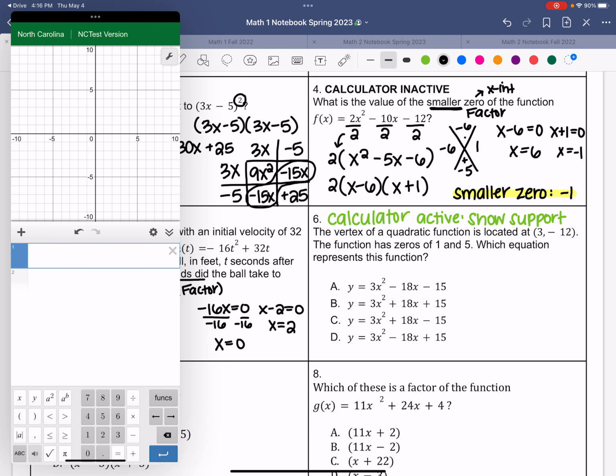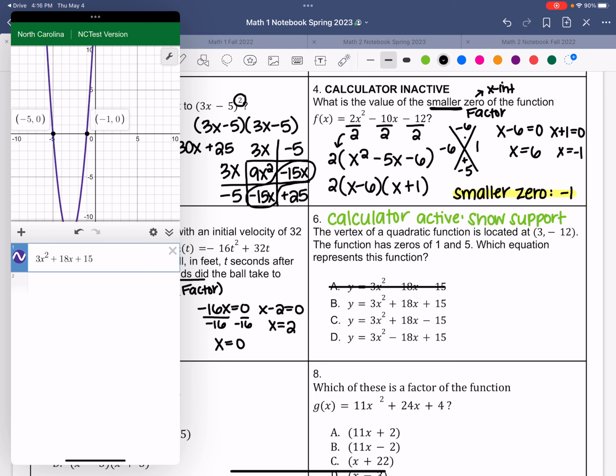Let's try B. This one has x-intercepts that are negative, so not that one.